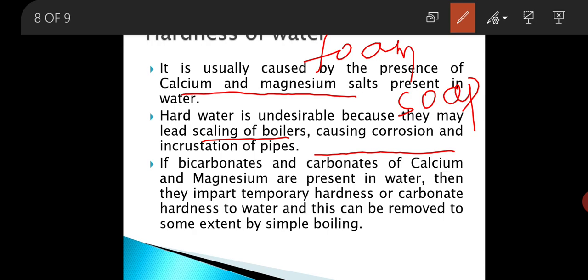So there are two types of hardness. One is carbonate hardness, which is known as temporary hardness. This type of hardness is due to the presence of bicarbonates and carbonates of calcium and magnesium in water, and this type of hardness can be removed by simple boiling, or it can be removed by addition of lime to the water.